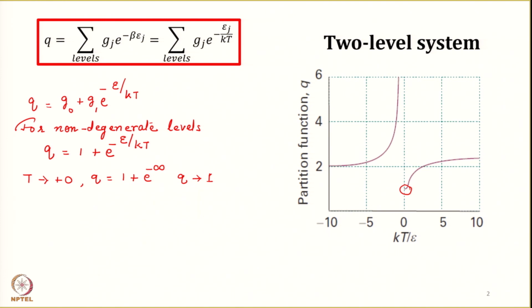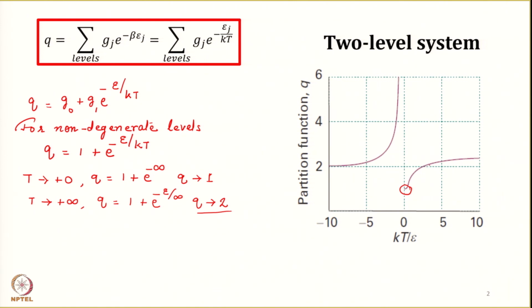Now let us take the other extreme. When T approaches plus infinity, then Q will be equal to 1 plus exponential minus E over k into infinity, which is exponential of zero. That means Q approaches a value of 2. Either it will approach a value of 2 or it will approach a value of g0 plus g1.